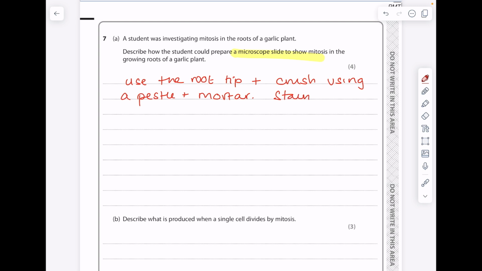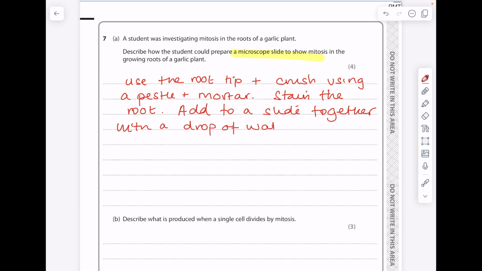Stain the root. It's important that we stain so that we can actually see it under the microscope. Add to a slide together with a drop of water. And then our final step is to add a cover slip.